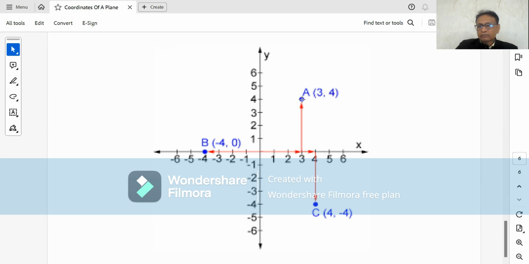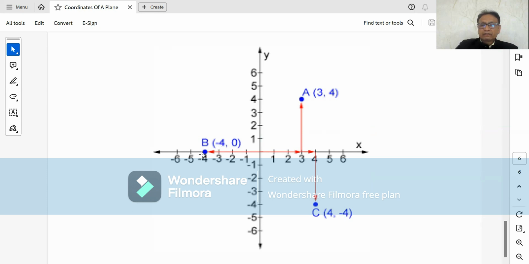So this point becomes (3, 4). Now see this point. From here, draw perpendicular on the x-axis. It intersects at 4. Draw perpendicular from here to y-axis. It intersects at -4. So along the x-axis, measurement is 4. 4 is written here. Along y-axis, it is -4. -4 is written here.